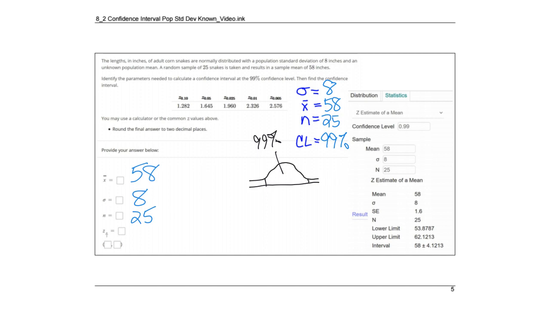And we need to know how much is in each tail so that we can go to the table. Alpha is equal to 1 minus the confidence level, but I'm going to change it back to a decimal. So I'm going to take 1% and split it into each tail, because I already have 99%. I have to divide that by 2.